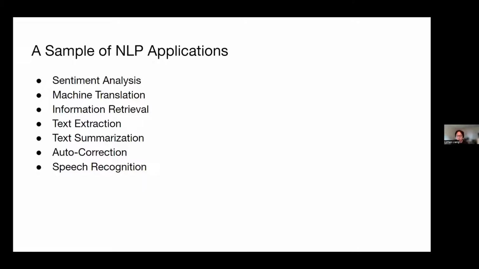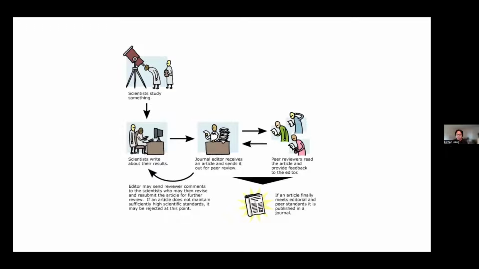And there are also a lot of other applications that people who are not researchers could make use of and benefit from. For instance, auto-correction, machine translation, speech recognition for smart assistants. And in the realm of science, applying NLP methods is also very important because we're dealing with a lot of text.